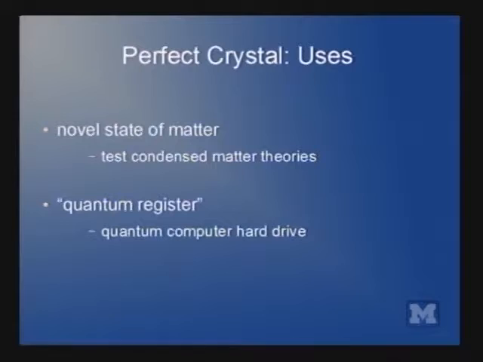Now there's also a technological application, what's known as a quantum register. So you have your perfect lattice, you have 1 atom per well, and let's say you can focus a laser down and hit just 1 atom and do something to it. Let's say change its spin from spinning toward the right to spinning toward the left, or give it a little bit of momentum or some sort of energy.